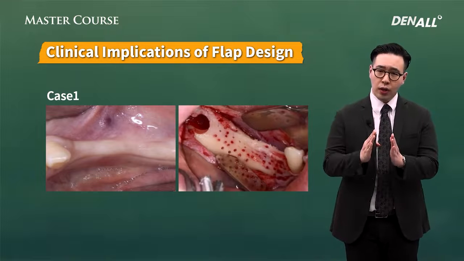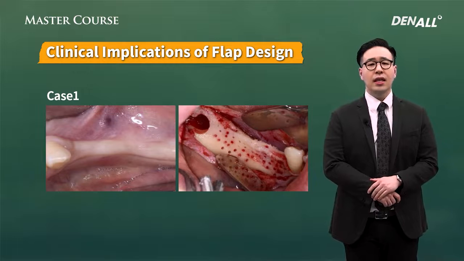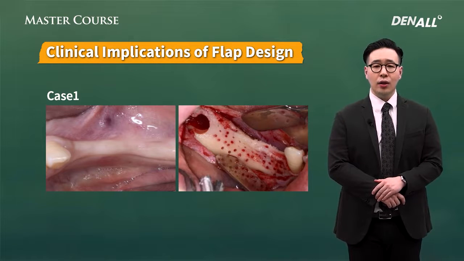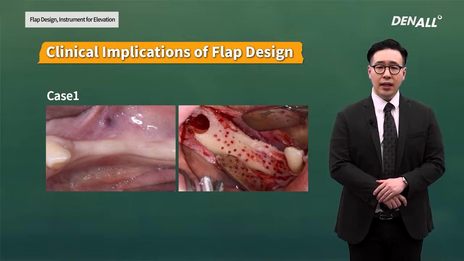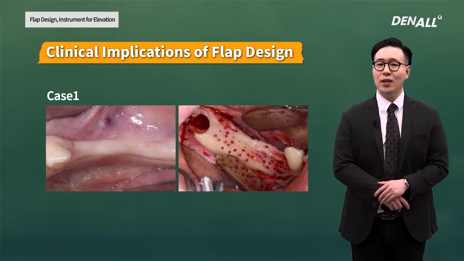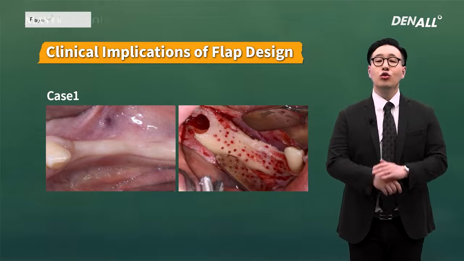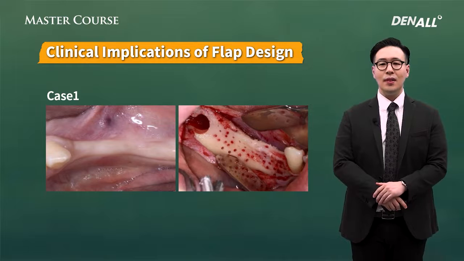Horizontally, there was a lot of resorption in terms of bone width, and you can fully understand where the mental nerve is, and therefore sufficient amount of bone augmentation was made possible. However, in this case, if you're only fixated on the concept of minimal invasiveness, then sufficient amount of bone augmentation for implant placement will not be possible.